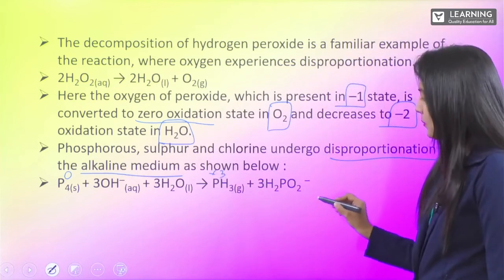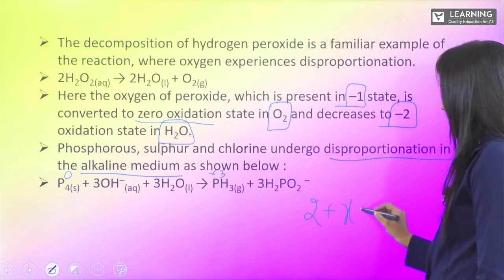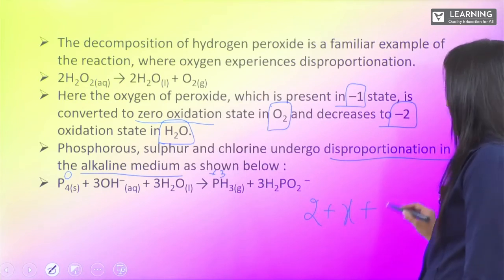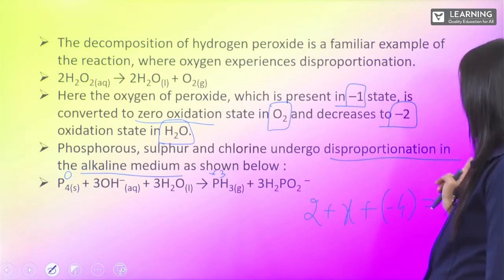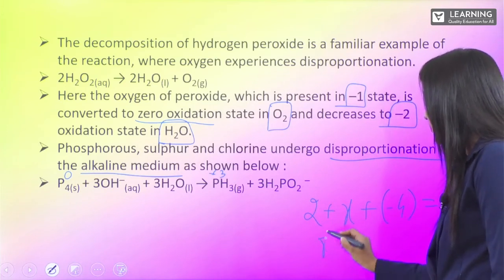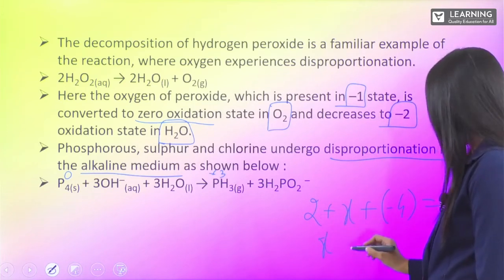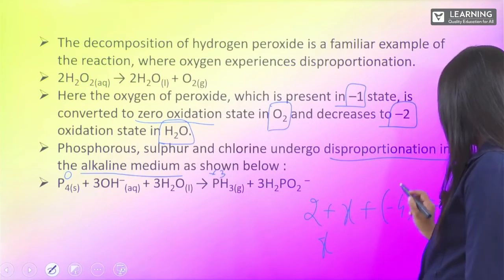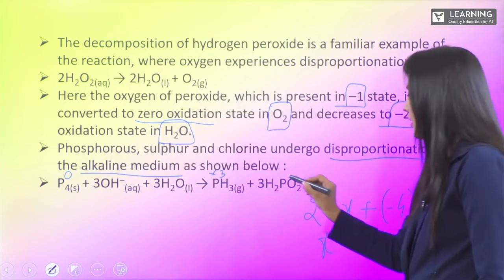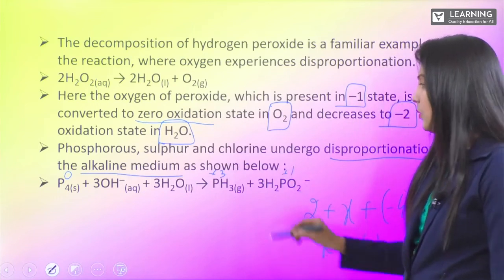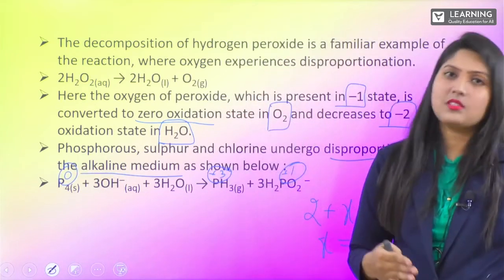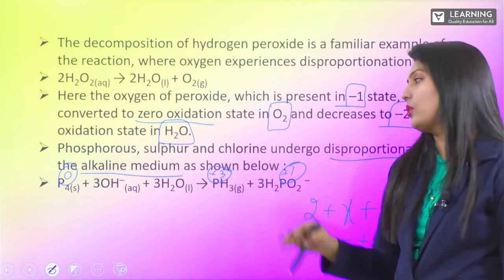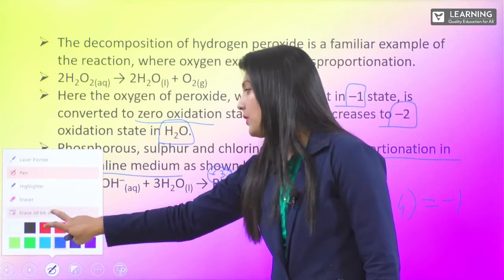Here if you calculate, it will be 2 plus X plus 2 twos are minus 4 is equal to -1, so X will be plus 1. So here it will have +1 state. So 0 goes to -3 and +1. The same phosphorus is undergoing oxidation and reduction in the same reaction.